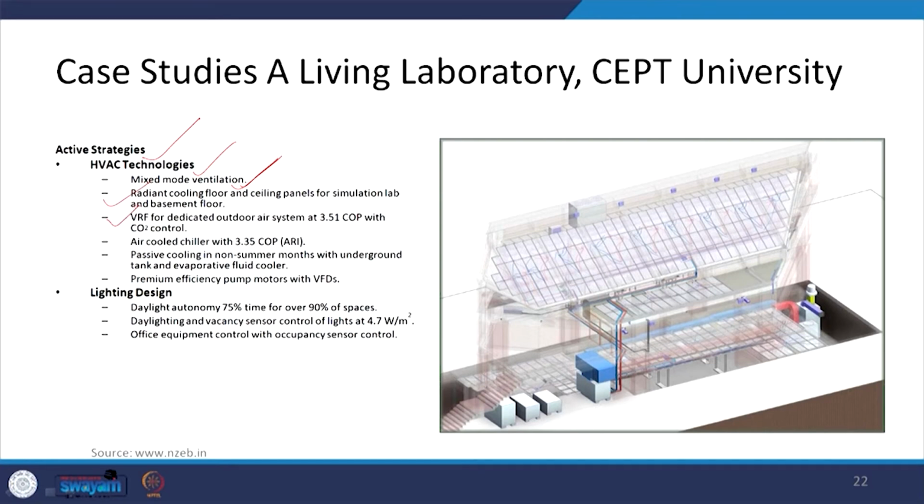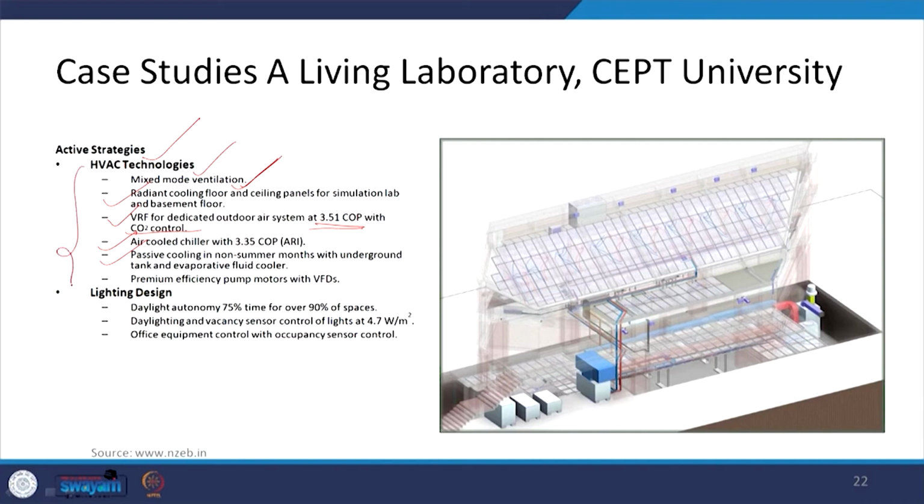A variable refrigerant flow device was used for dedicated outdoor air conditioning system, which also had a very high COP, and it was inbuilt with carbon dioxide sensors and controls. High efficiency air cooled chillers were used, and passive cooling in non-summer months with underground tank and evaporative fluid cooler were used.